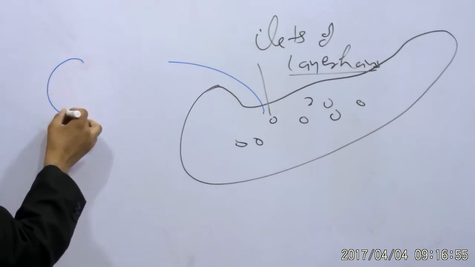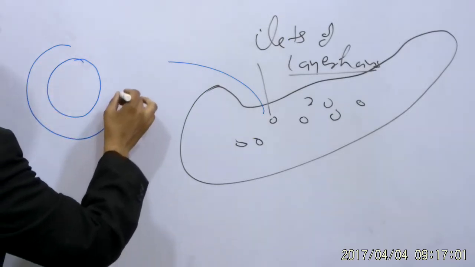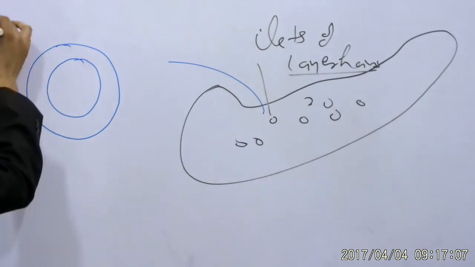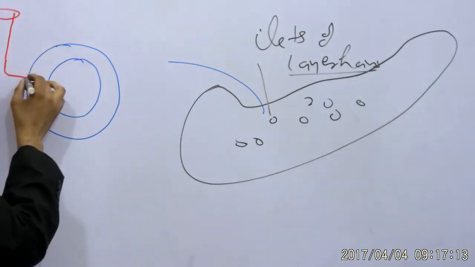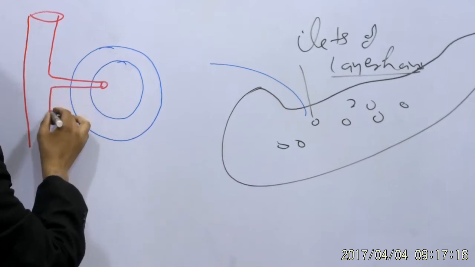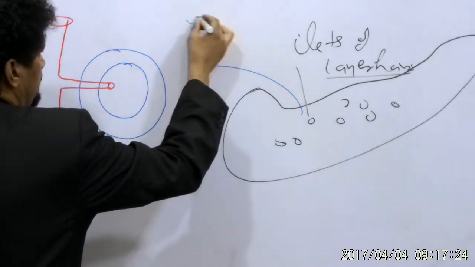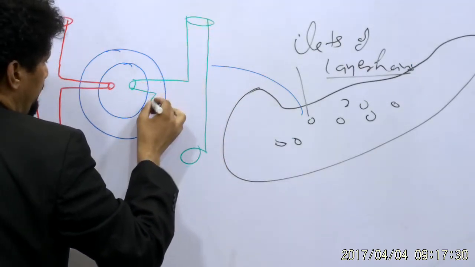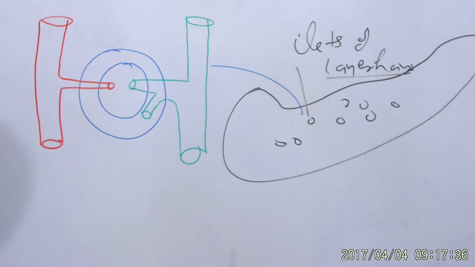It is just like this. This is endocrine gland, so it is richly supplied by the blood and drained by the veins, which are draining in the portal vein.